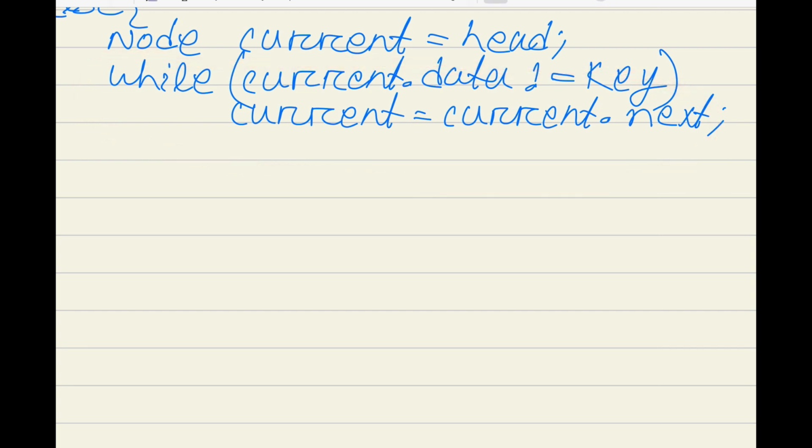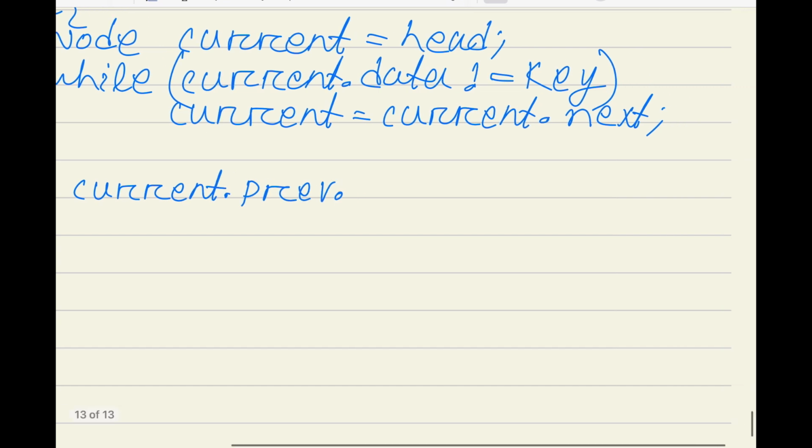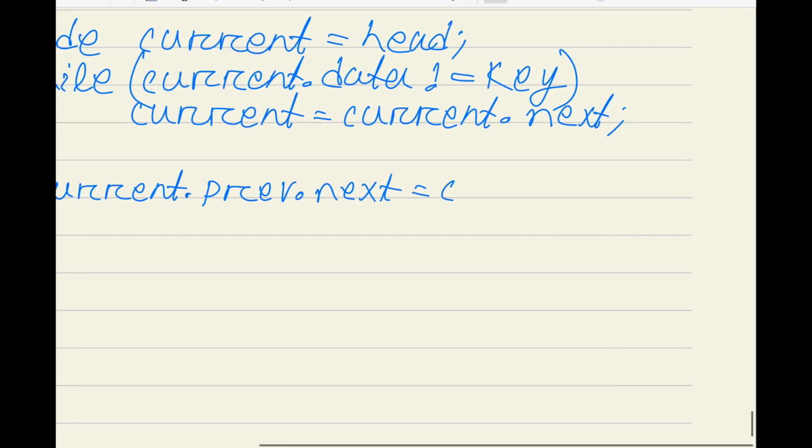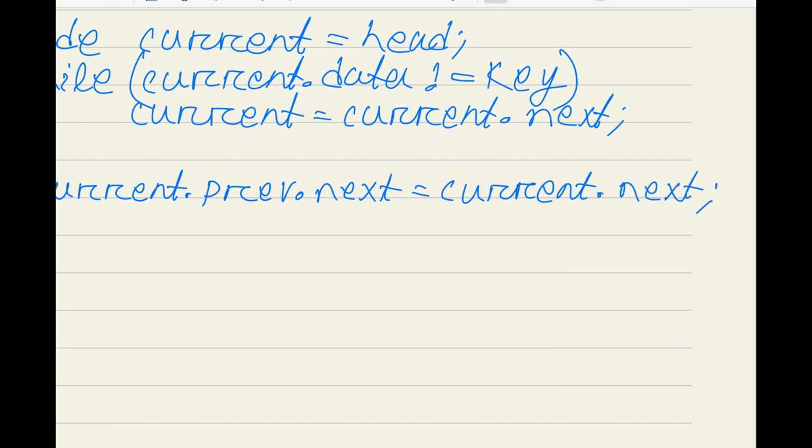Now we will write this one, current.previous.next equal to current.next. So it is exactly the same statement that we have discussed.